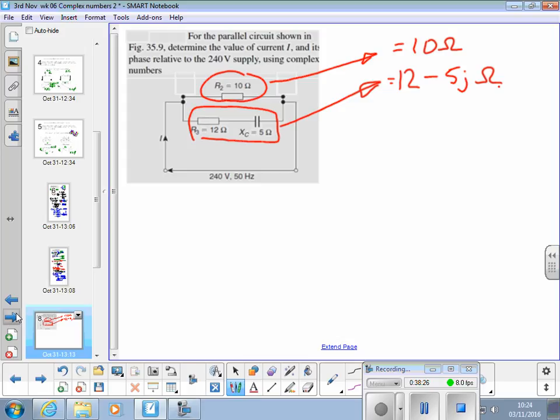What we can say we've got now, impedance-wise, is an impedance of 10 in parallel with an impedance of 12 minus 5j. We've added those two components together that are in series.